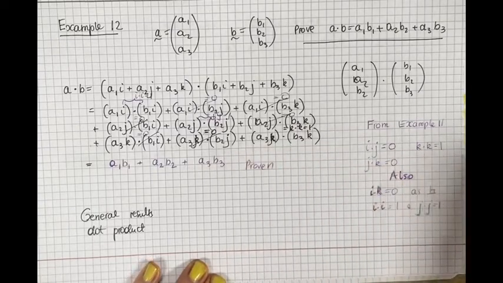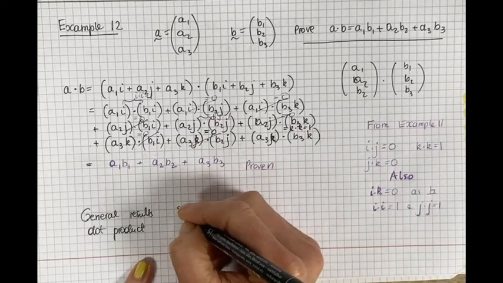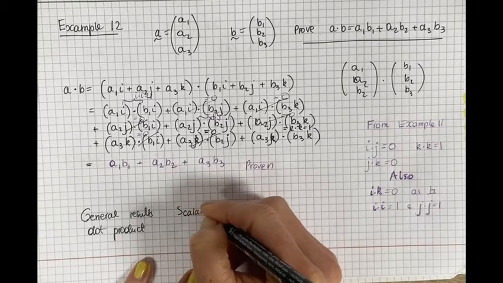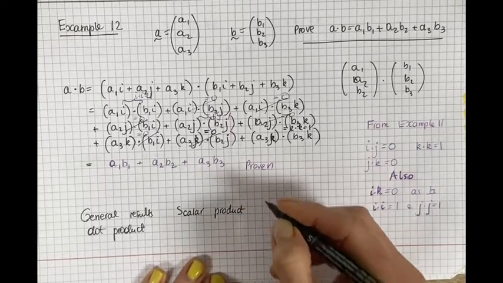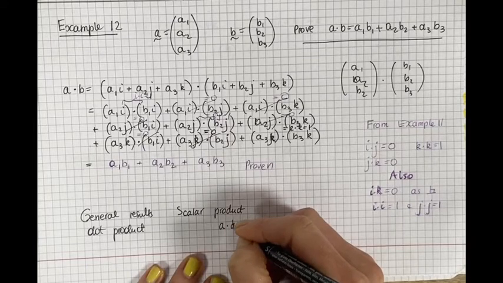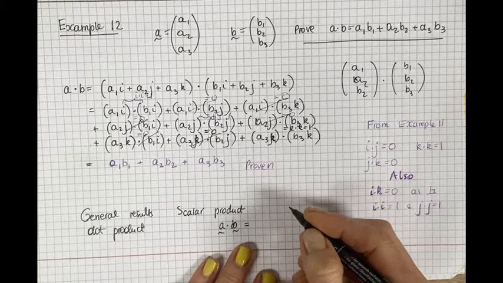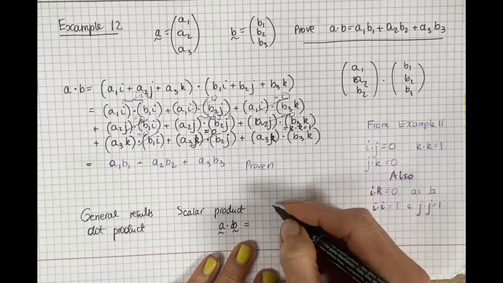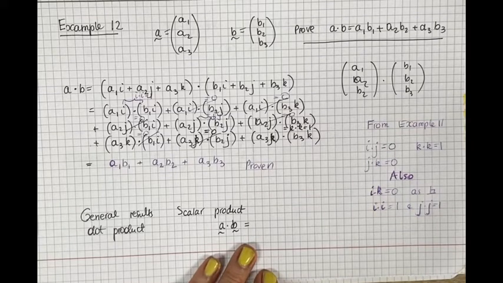Now this has a special name. This is called the dot product or scalar product, as you know from before. And this is how to obtain the value of that product if you don't know the angle between two vectors, just the two vectors, or if they are the position vectors of two points.